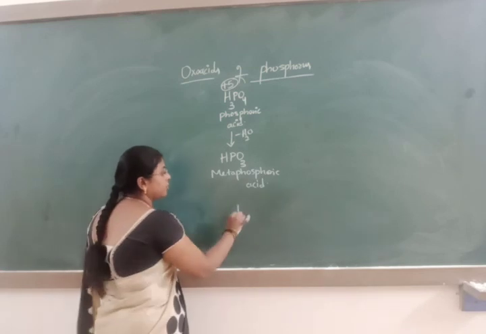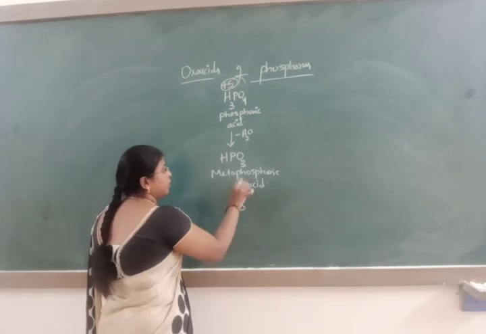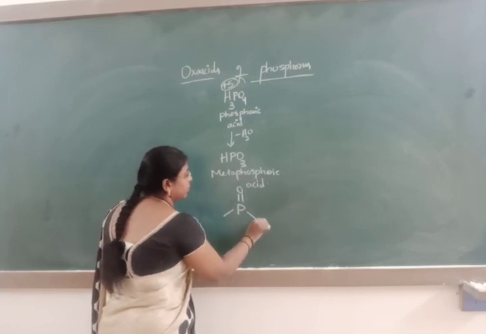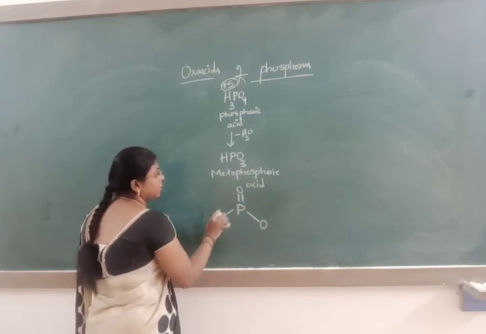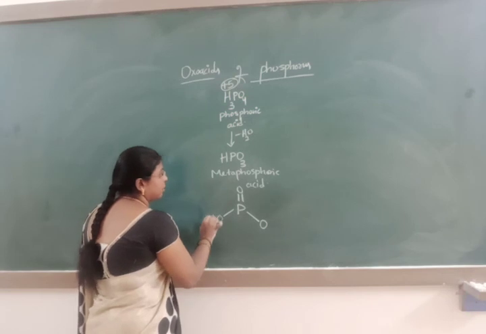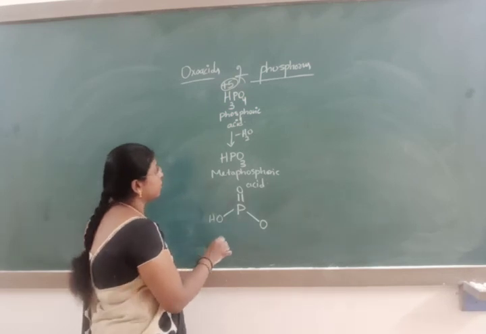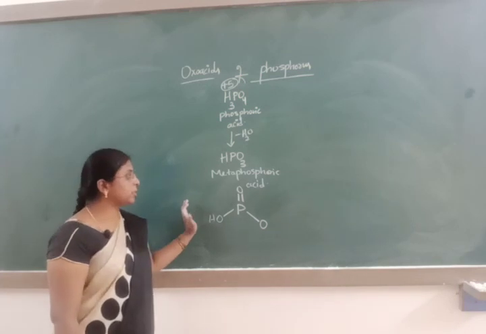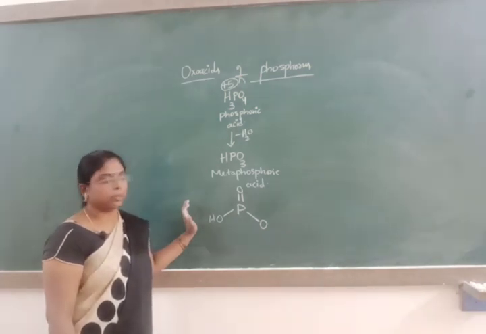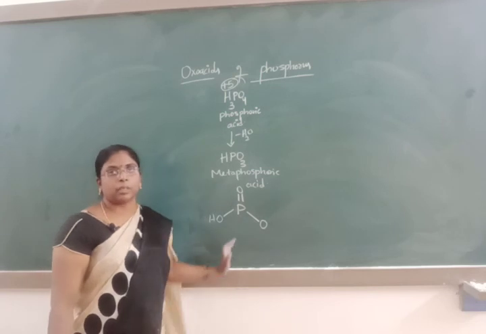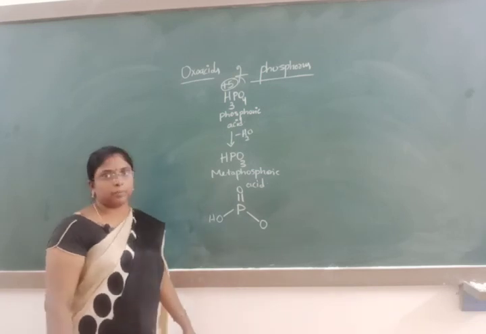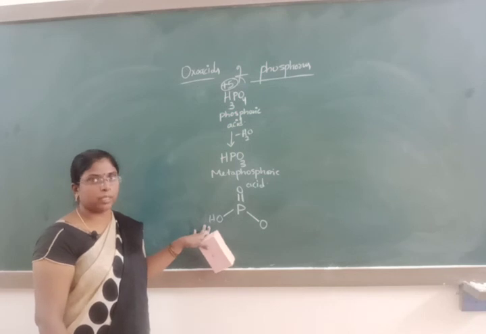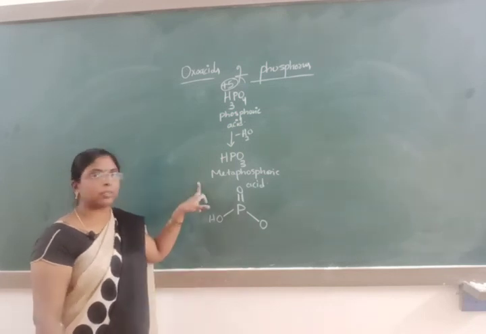If I write this phosphorus with P double bond O, here one oxygen is there and another has OH. In this way, it is the structure of metaphosphoric acid as a single unit, but always it will be combined with at least 3. If we combine these in a straight chain, it is known as polymetaphosphoric acid.